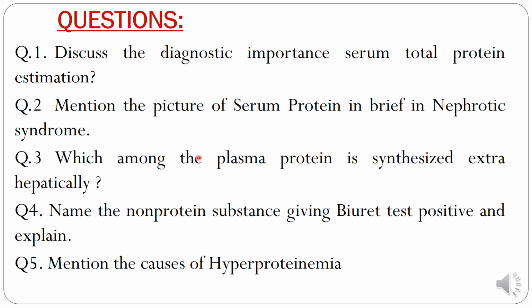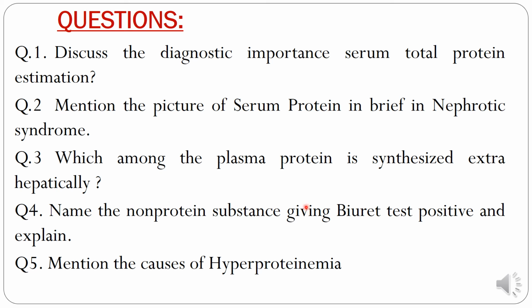Although we have discussed only the nephrotic syndrome case here, I'm sure you will be able to discuss the case of cirrhosis of liver, paraproteinemias and chronic infection as well. Just try to do it on your own.